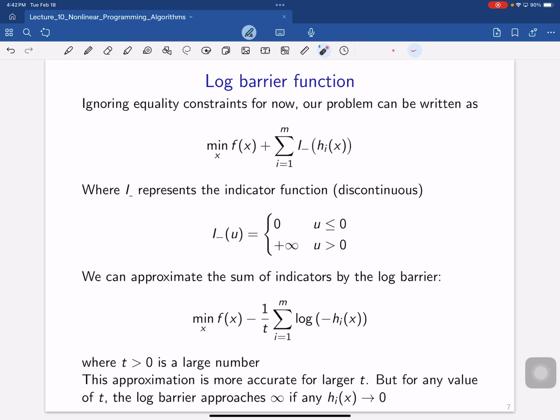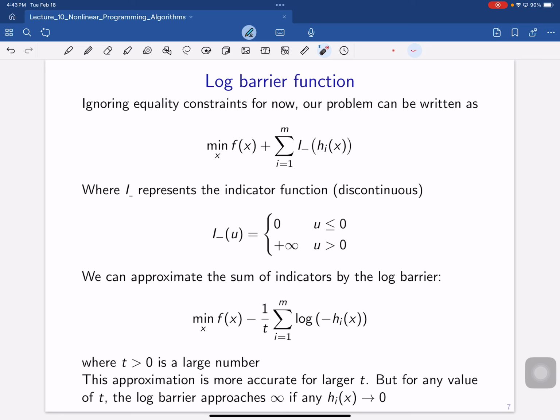Therefore, to simplify the notation, we will assume there are no linear equality constraints. You know there are some tricks to easily handle them, but for now let's forget about these equality constraints. The only constraints we have are those h_i(x) less than or equal to 0.